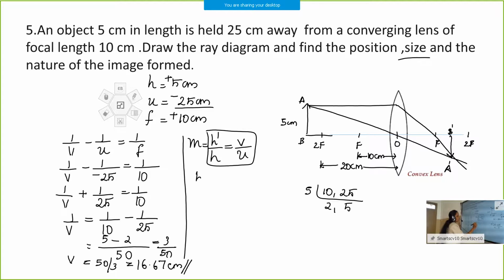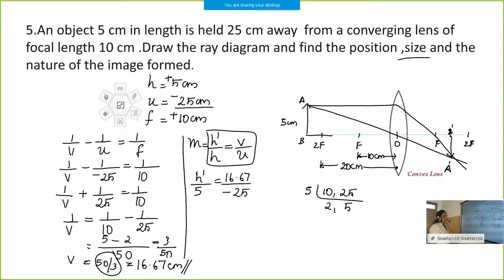Okay. So H dash is height of the image, so that you are going to find out, and H is 5, that is equal to V. What is V? V is 16.67 divided by U. What is U? Minus 25. And the 16.67, if you want to make calculation easy, you can substitute it as 50 by 3 also.